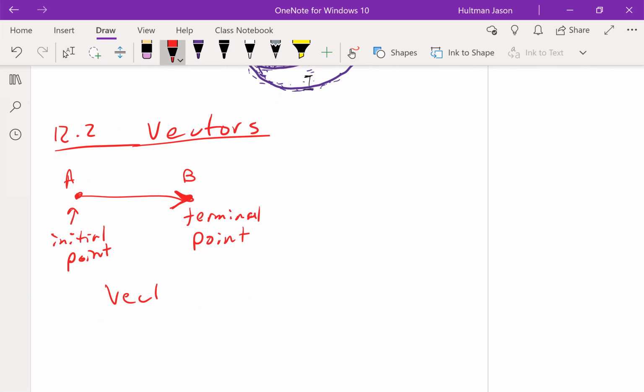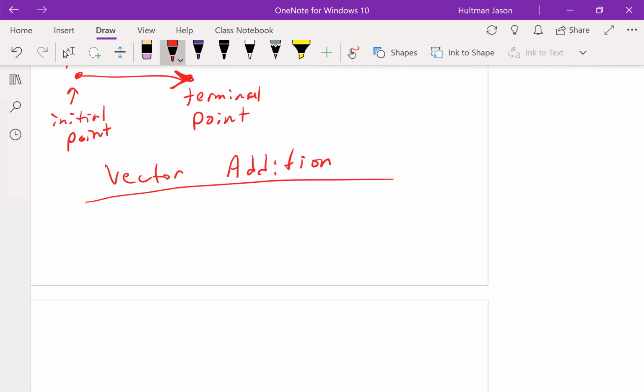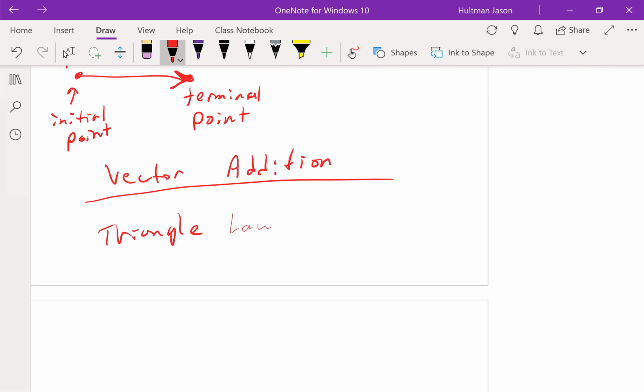Okay, let's do some vector addition. So this is the triangle law.